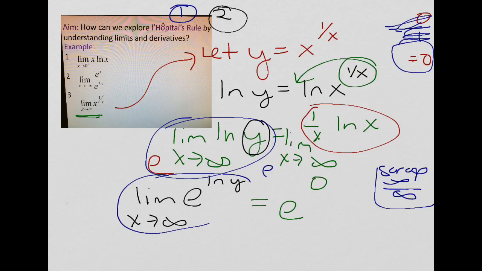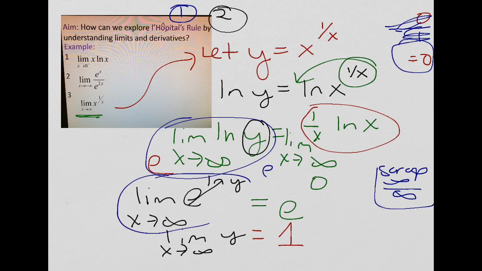Sometimes it's not 0. If it's 1, then you get e to the 1. If it's e to the 0, its answer is just 1. So just take a look at what you have there. Now on the left side of the equation, we know that inverses undo each other. So the limit of y as x approaches infinity is equal to 1.